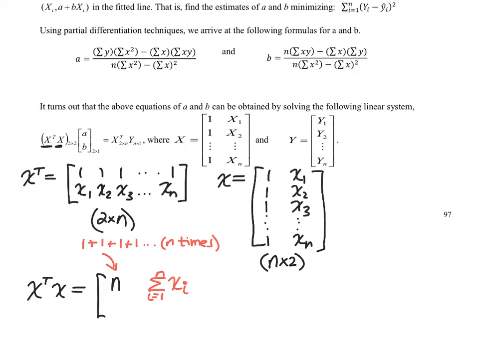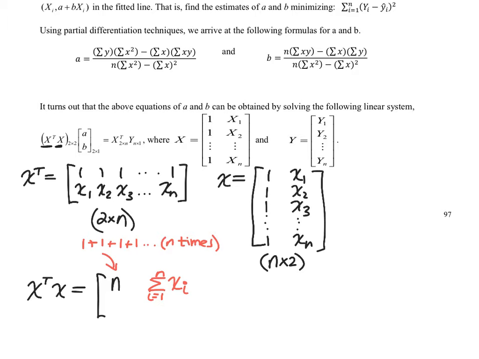Just in shorthand notation, that's really all it's saying. If I plug in a 1 here, I get x of 1. Plug in a 2, I get x of 2, then x of 3, x of 4, all the way up to x of n.